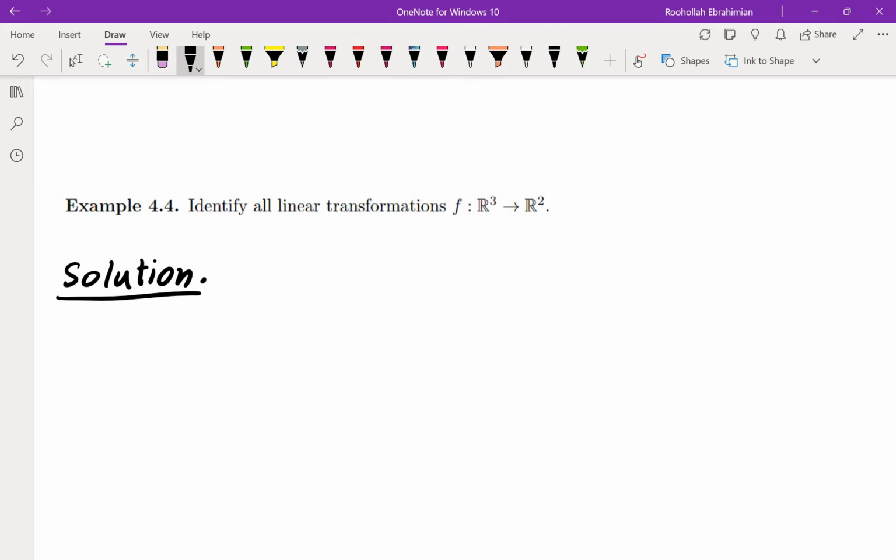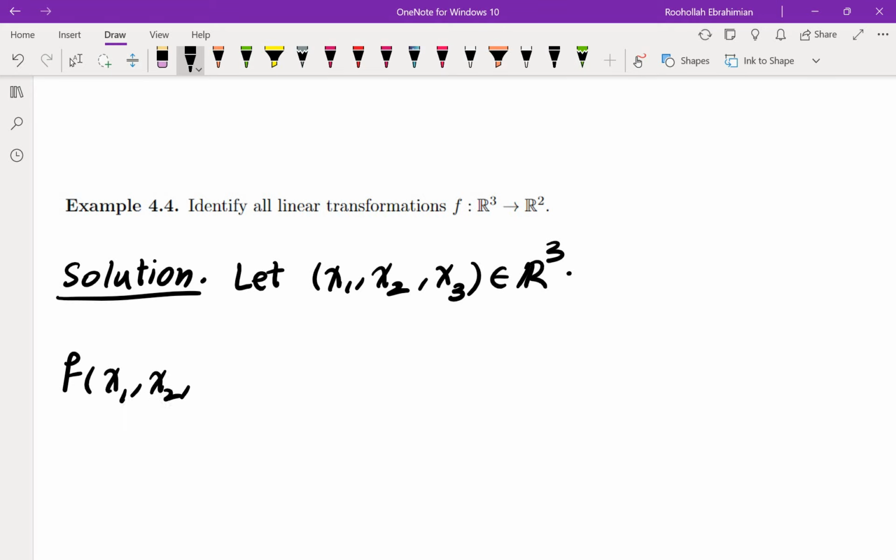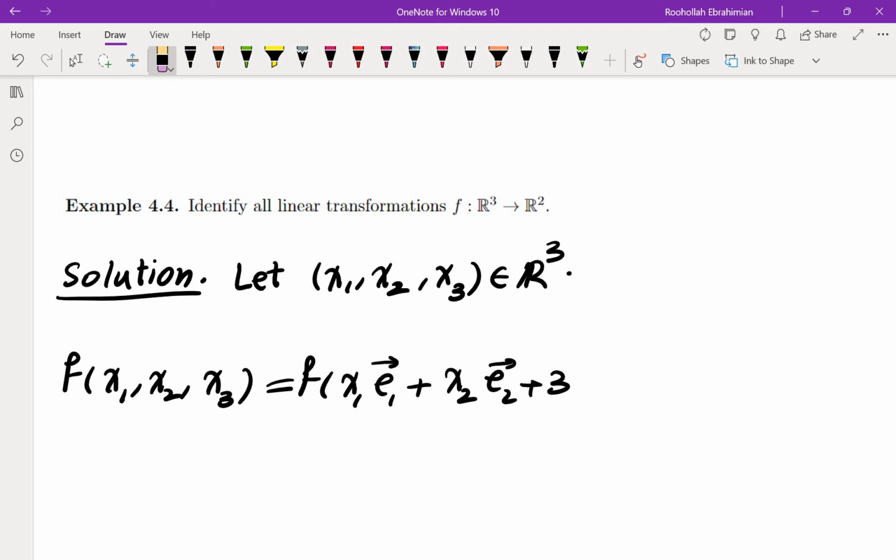Let's start from x1, x2, x3 in R3, and let's write down f of x1, x2, x3 as f of x1 e1 plus x2 e2 plus x3 e3, similar to what we did before. And e1, e2, e3 are just those standard vectors, the standard basis of R3 in this case.